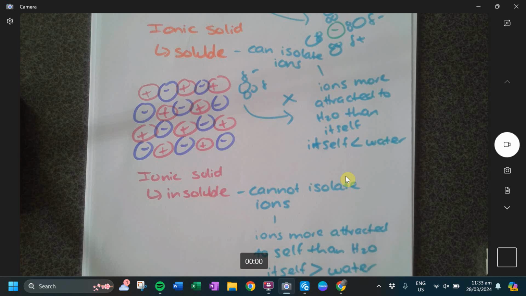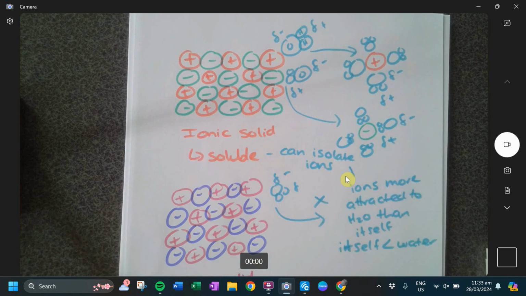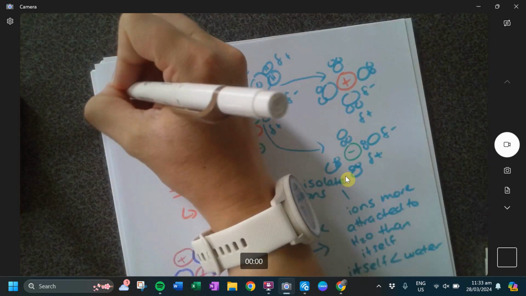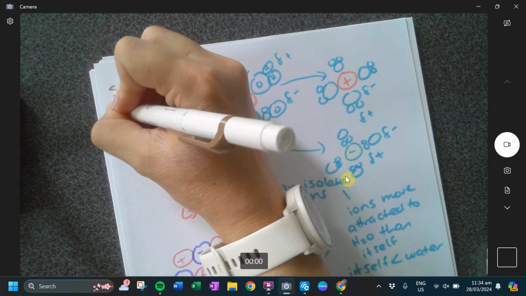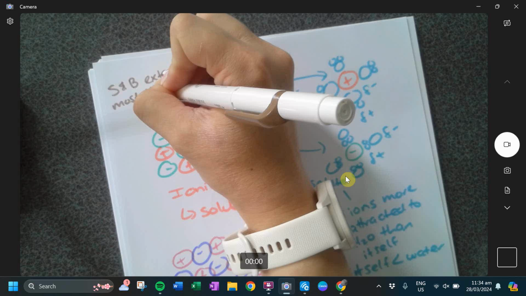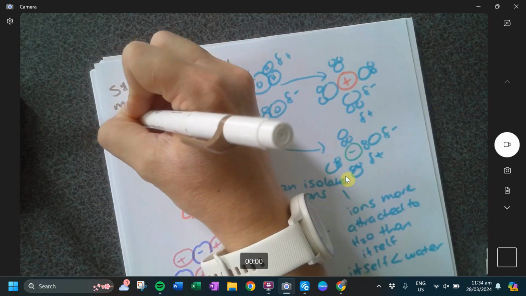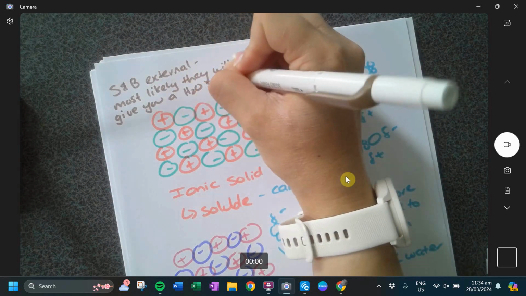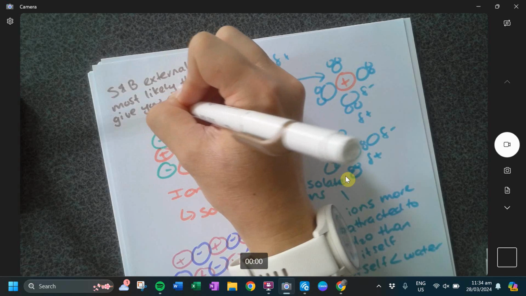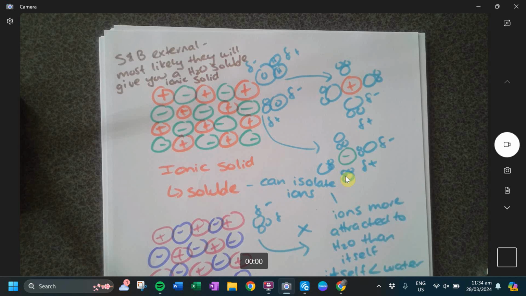When we are talking about structure and bonding external, they are most likely going to give you a water soluble ionic solid. Most likely. I haven't seen an insoluble one.